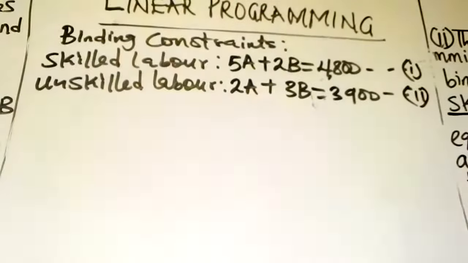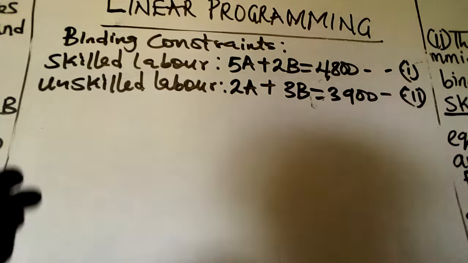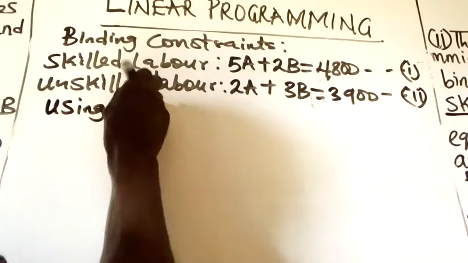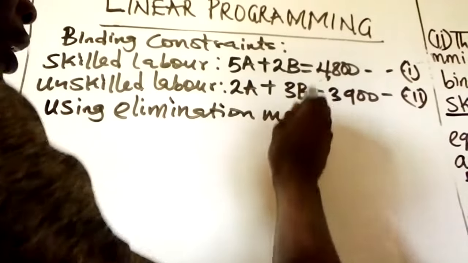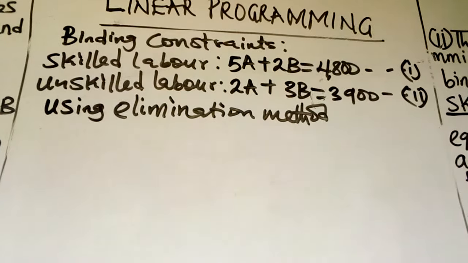You solve the equations of the binding constraints simultaneously. For our purpose, I want to use the elimination method. You may use any suitable method. You may use the substitution method if you prefer.